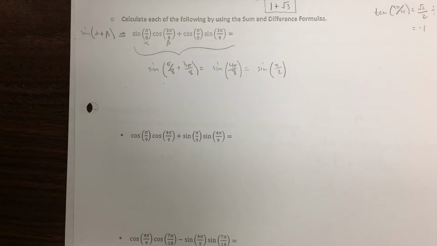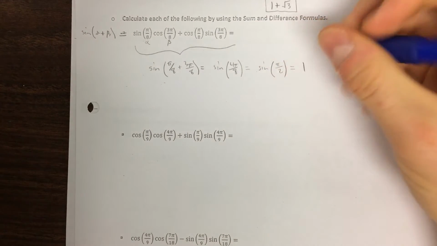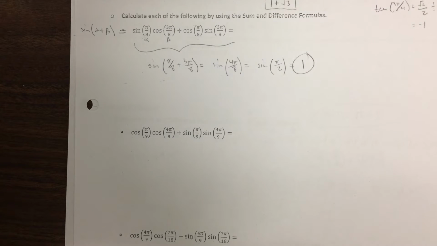Hopefully this is helpful, and it is, because pi over 2 falls on our unit circle. So now we can find sine of pi over 2 by looking at our unit circle, and we see that sine of pi over 2 is 1. So here we're using the formula in reverse, noticing that we can see a pattern, recognize it, and simplify.